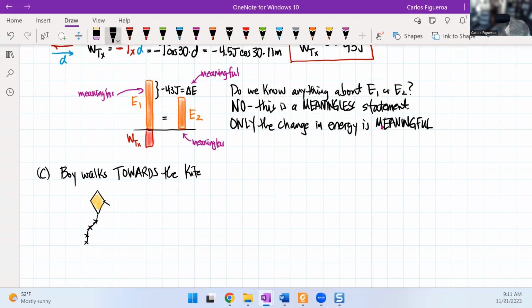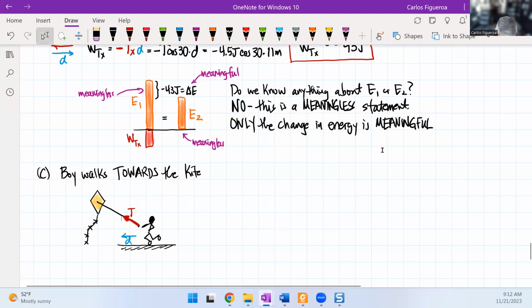When I'm looking at my kite here, you're seeing that now the boy is moving in this direction. So the displacement is along this direction, and now the tension is going in that direction like that.